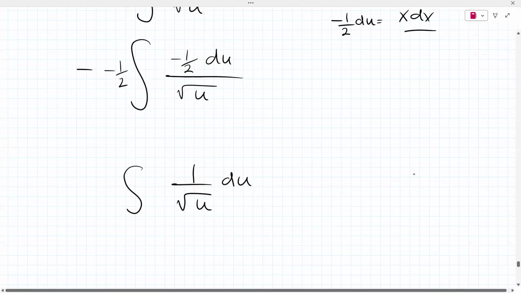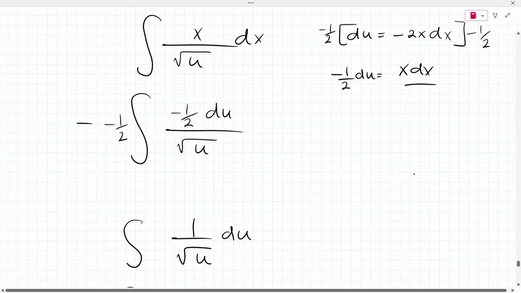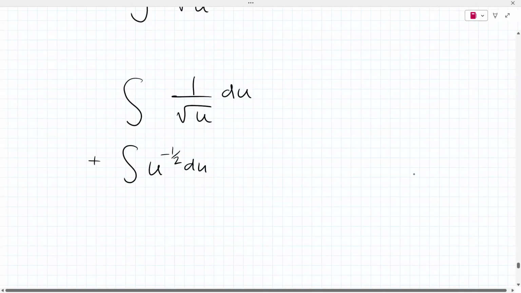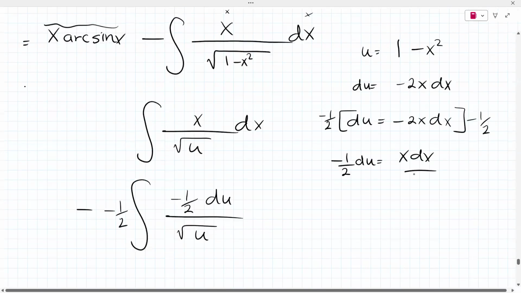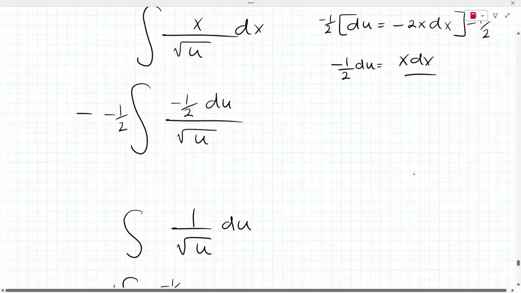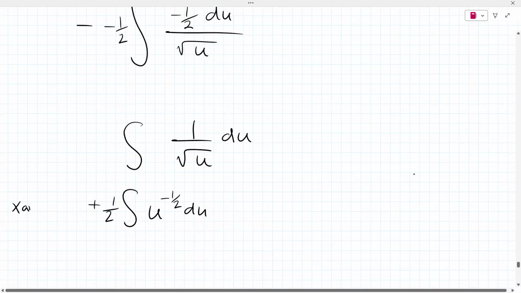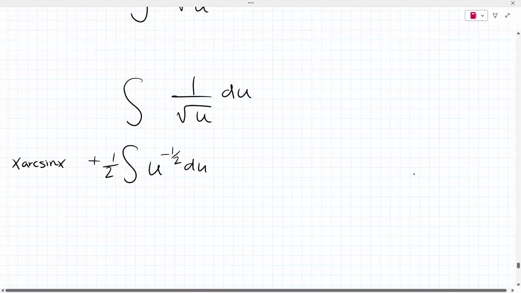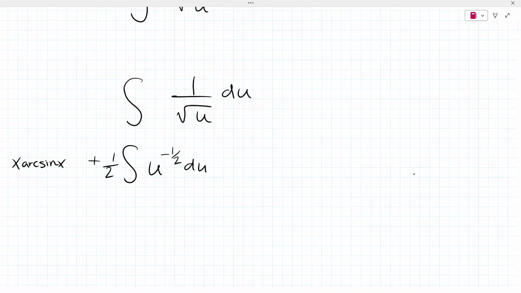And then let's rewrite this. 1 over square root of u is the same thing as u to the negative 1/2 du. And over here, you have two negatives, which is a positive. So that's going to be a plus 1/2. And then don't forget you have this x arc sine of x. Okay. And then how do you take the integration of u to the negative 1/2? It is power rule.